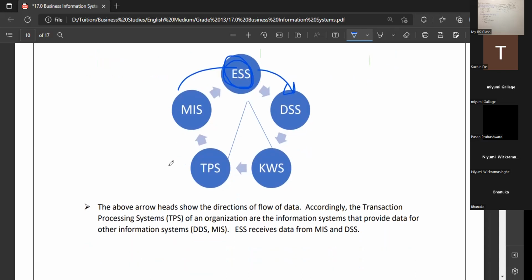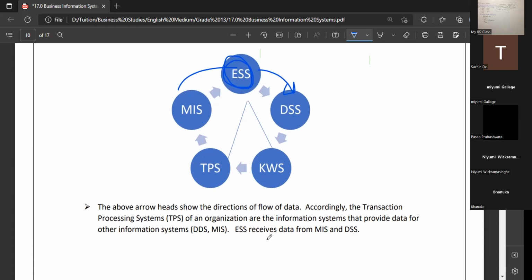Now, coming out of this, you can see the arrowhead shows the direction of the data flow. According to this, the transaction process system of an organization is the information system that provides data for the other information systems. You can see from the TPS, it provides the data.